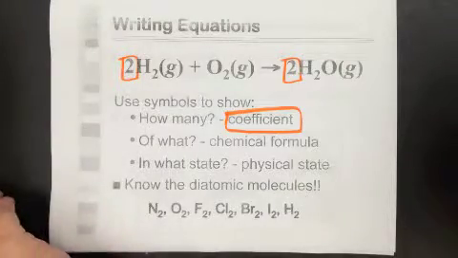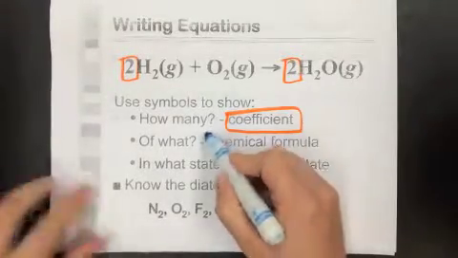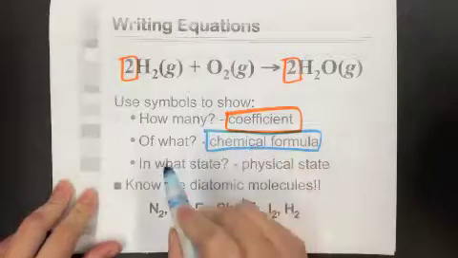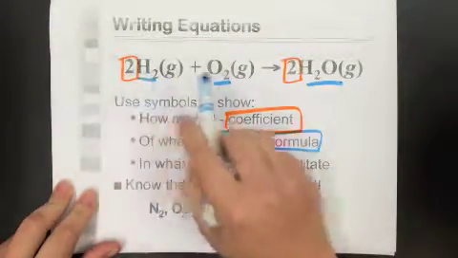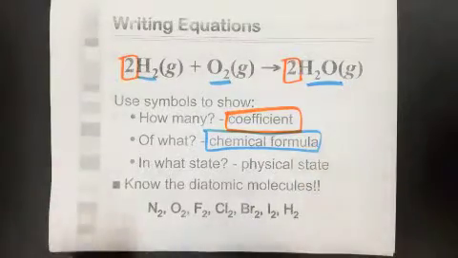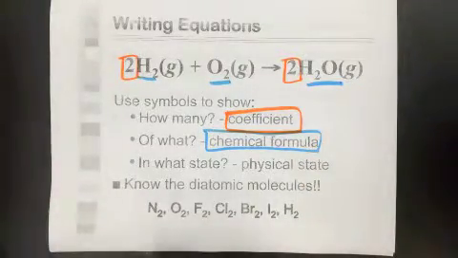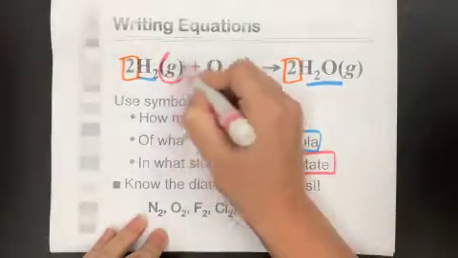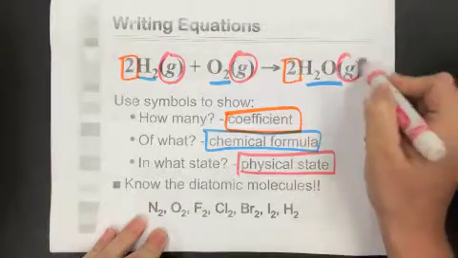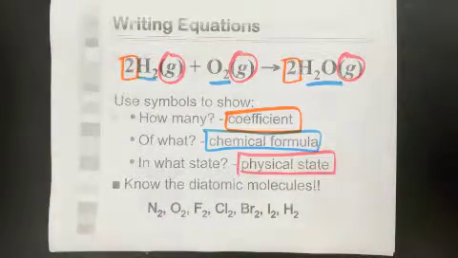Then, you know your chemical formulas based on what's in the chemical reaction. Again, hydrogen gas plus oxygen gas produces water. Finally, it shows you the states. In this example, you know that all of your reactants and products are in gas form.